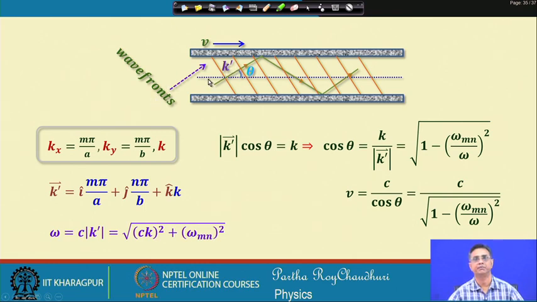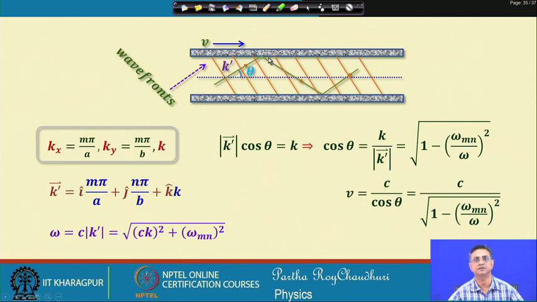So, the z component of the wave gives you the traveling of the wave along this direction, that is with the velocity v, and this k dash, the propagation constant, will come from here.